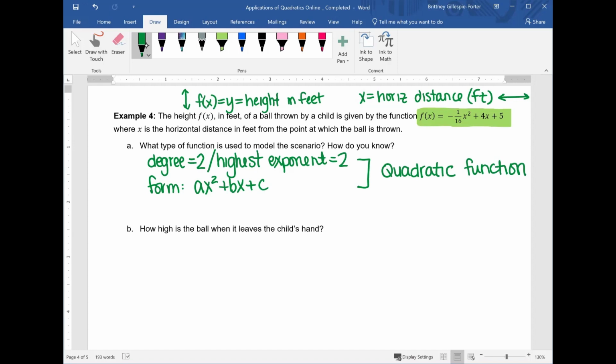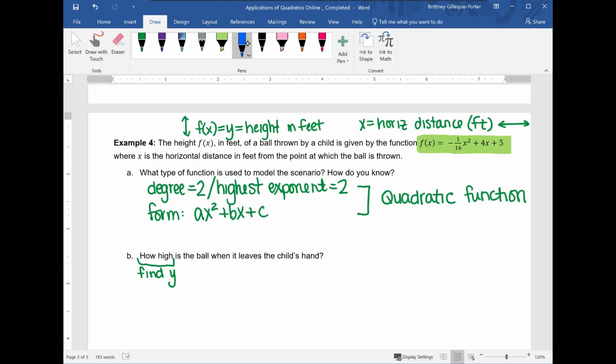Part B, how high? High is y, that's height. So they're asking us to find y. How high, find y, is the ball when it leaves the child's hand? Remember, x is our horizontal distance, which is a fancy way of saying distance from the kid.